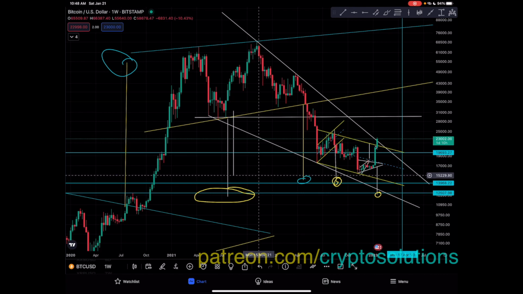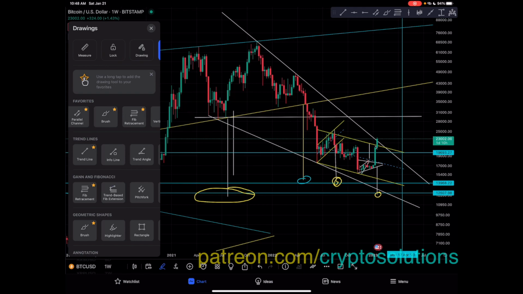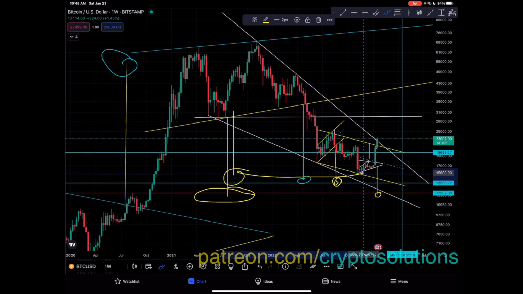Then you can see that the price target was met here, boom and boom. So I'm gonna count that as a price completion.